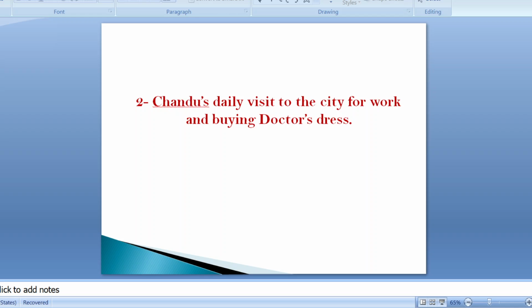He used to go to the city to shave the people and to earn more money. There he saw many professionals, and once he saw a dentist, he was greatly impressed by the dentist's dress. And when he earned much money, he bought a new dress for himself as a dentist doctor.